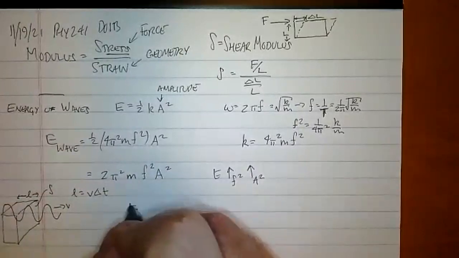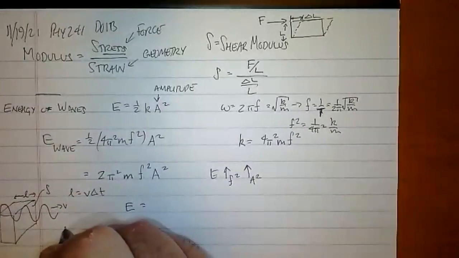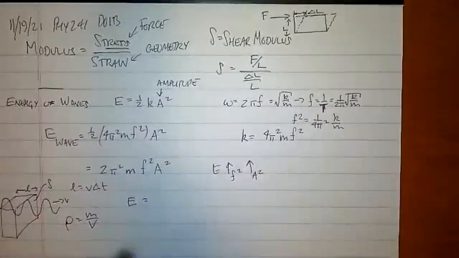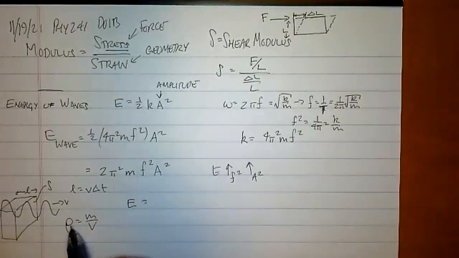So now we can say, well, the energy of the wave, since density is equal to mass over volume, we can get rid of the mass by multiplying density times volume.